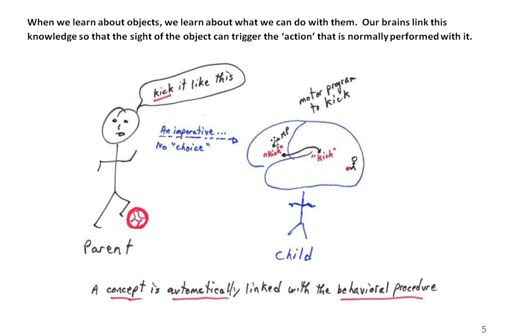But even beyond that, linking the perception of kicking with the action of kicking, we also are creating a link just to the perception of the ball with the action of kicking. And this is how concepts can get automatically linked with the behavioral procedure that is associated with the concept. So for the child's brain, even just seeing a ball can activate the motor programs that are associated with balls.